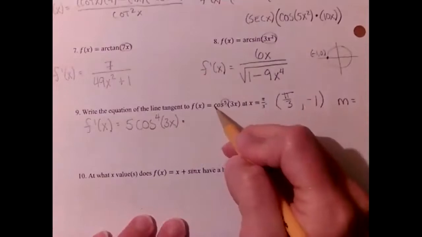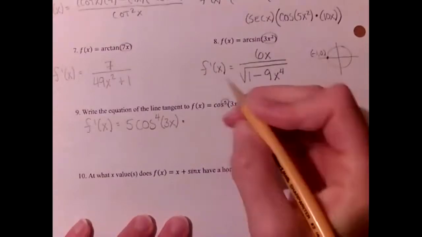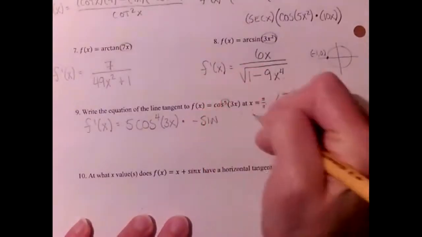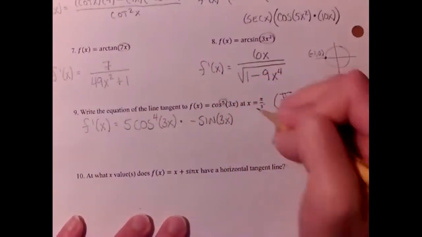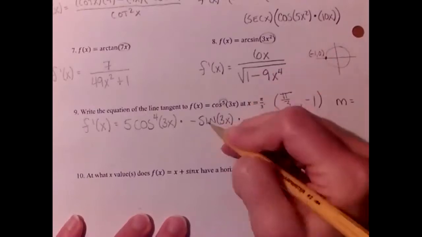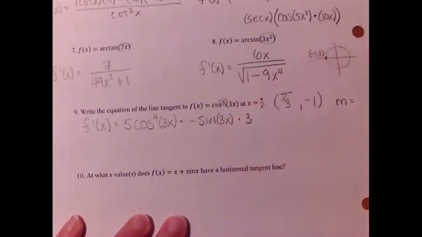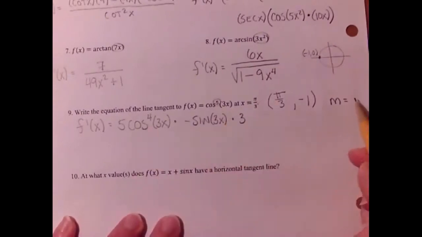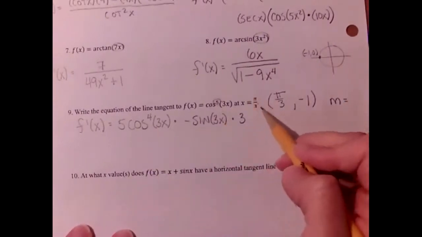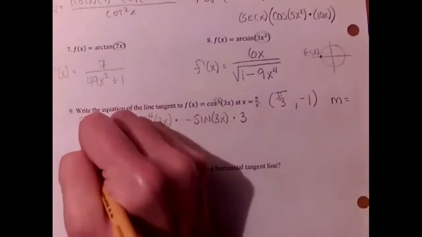Next in the chain is the derivative of cosine, which is negative sine, and everything else is going to still be there. And then lastly, the derivative of 3x would just be 3. So that's our derivative. To get our slope at this x value, we're going to have to plug in pi over 3.